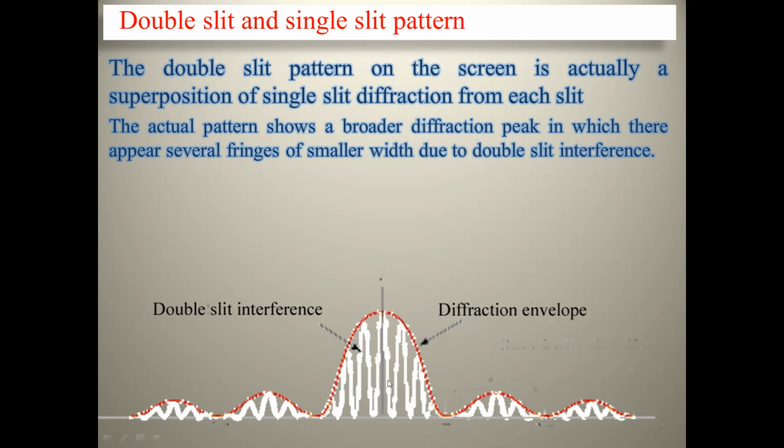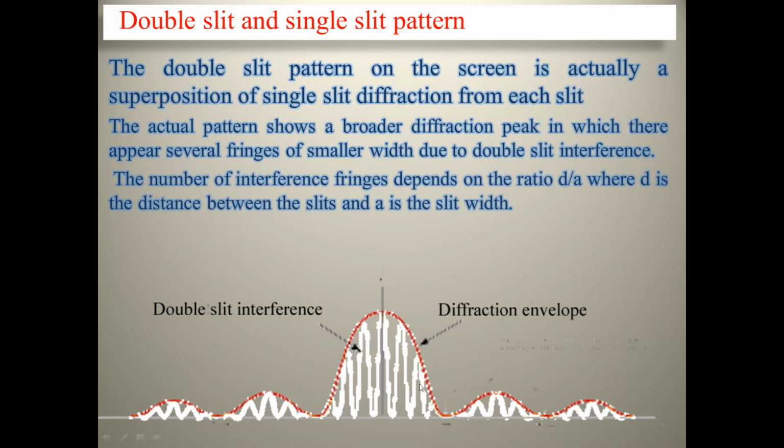The actual pattern shows a broader diffraction peak in which there are several fringes of the double slit. The number of interference fringes depends on the ratio d/a, where d is the distance between the slits and a is the slit width.